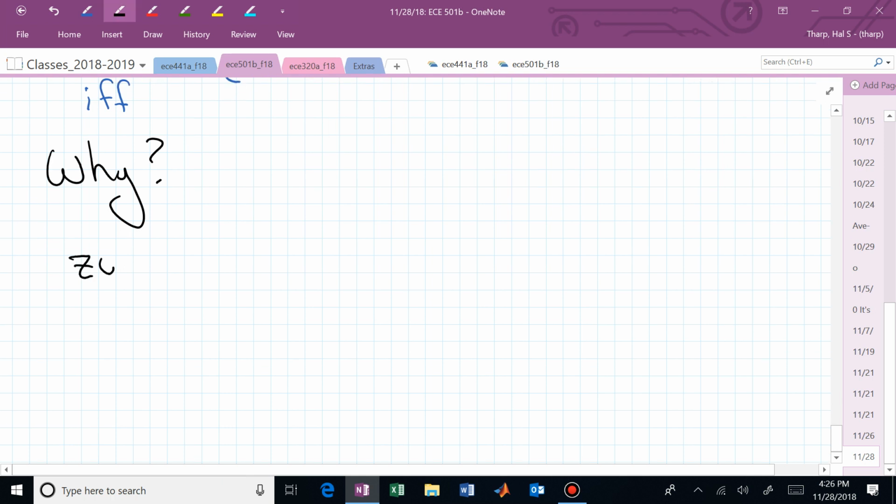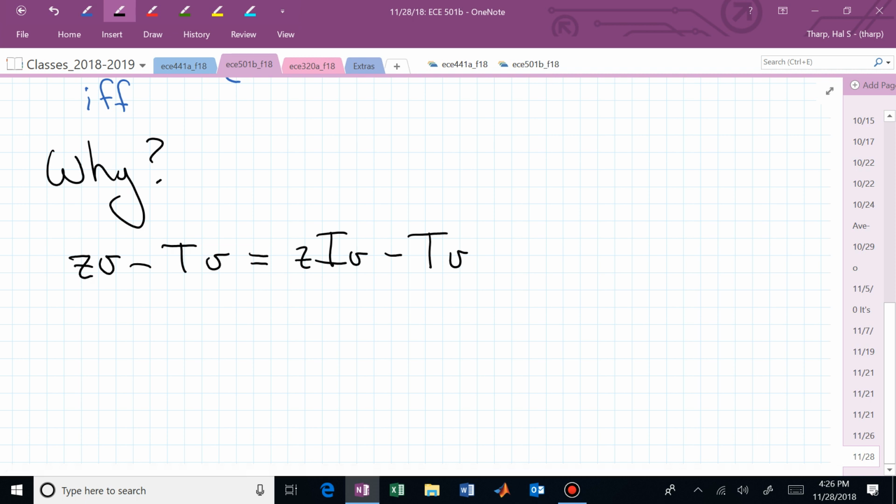Suppose we look at zv. That's now a scalar times a vector v minus T, the linear operator, times that same vector v. That, we know, is equivalent to zIv minus Tv. Haven't done anything there. I've just inserted the identity operator between the scalar z and the vector v.